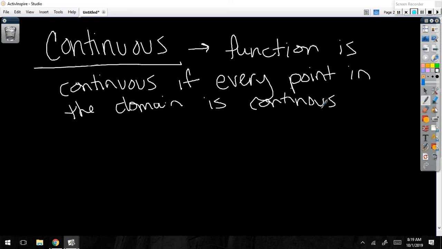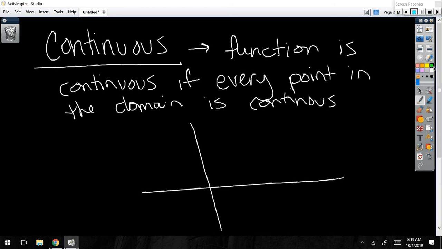When I am talking about an infinite discontinuity with a vertical asymptote, say something like this.